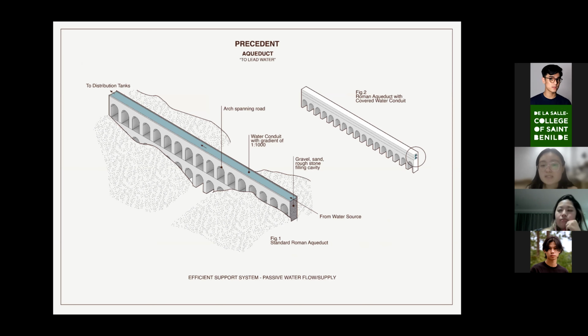Another precedent that we introduced this term was the aqueduct, in the sense that we will be looking at the system and how we could iterate different ways to mimic the way it channels water from one distinct area to another, just based on the form itself.